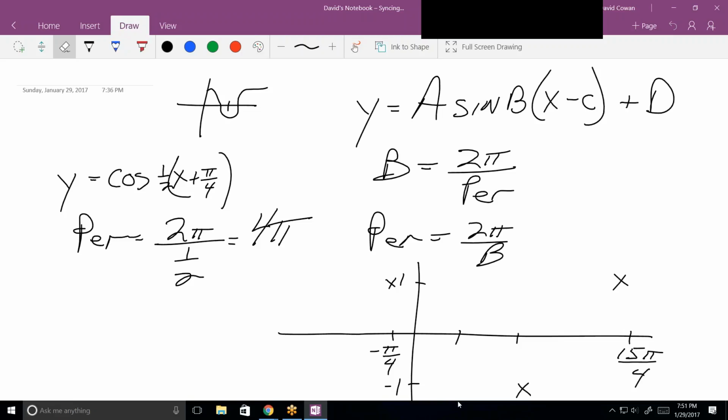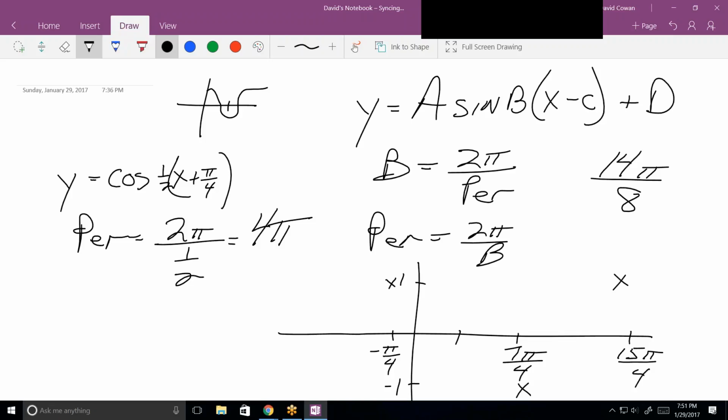I get 14 pi over 8, which is 7 pi over 4. That's what that point right there is. 7 pi over 4. Now, in other words, you don't usually need to find a common denominator ever with these.